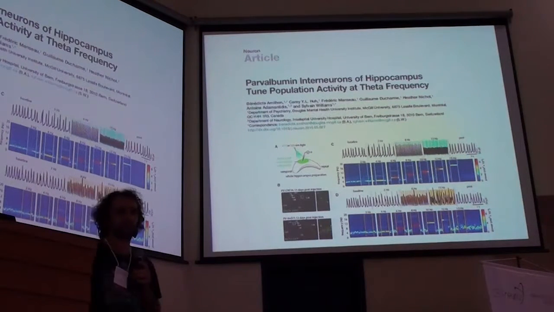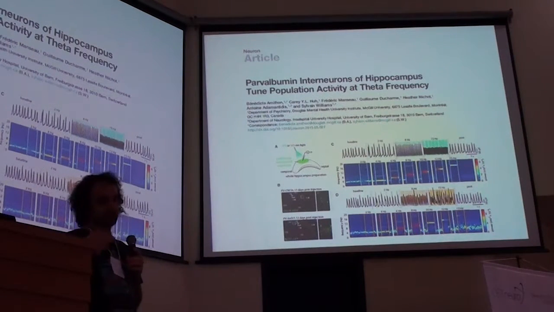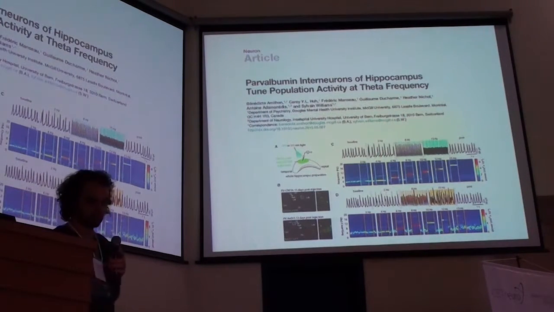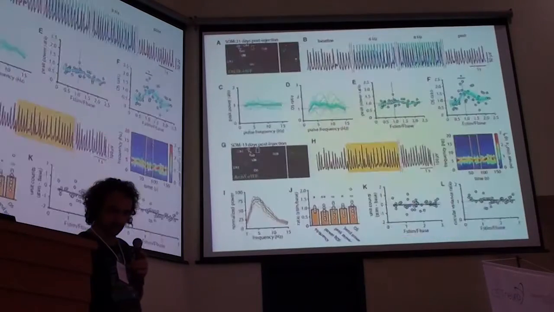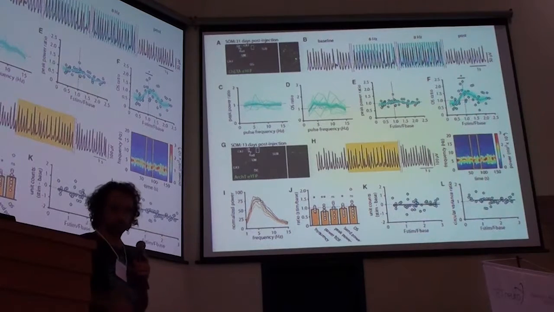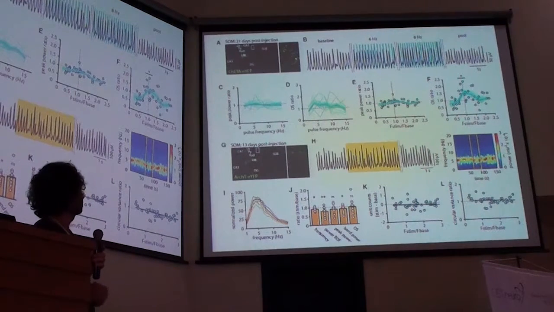It's different from the Cardin paper, where they find that PV generate gamma. But here in the hippocampus, they found that somatostatin is not contributing to theta. It's this slide here. They tried the same with somatostatin, not much changes, while parvalbumin is the important one.